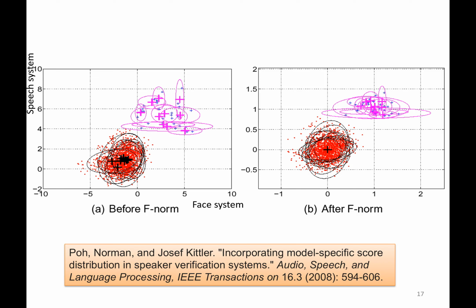Whereas for the genuine scores, it's very difficult to project them exactly to coordinate 1, 1, because we do not have enough training samples. But with the F-norm, we actually can push them to be more compact, and as a result of that, we can get performance improvement.